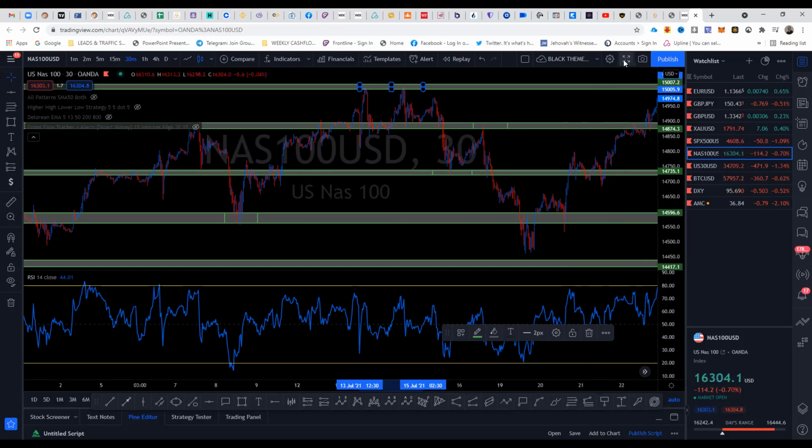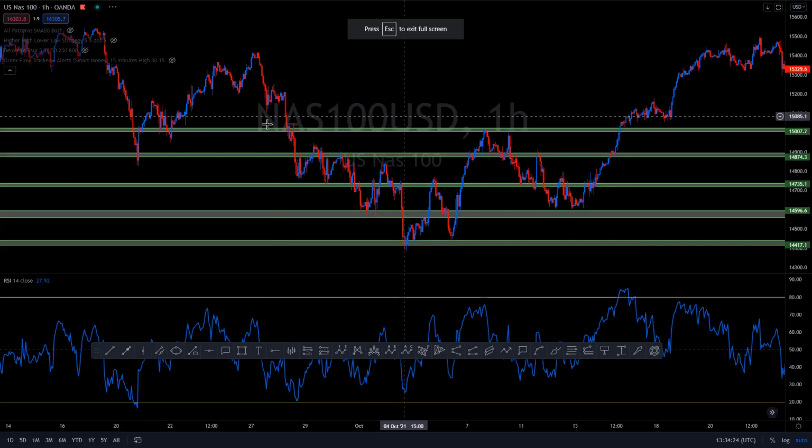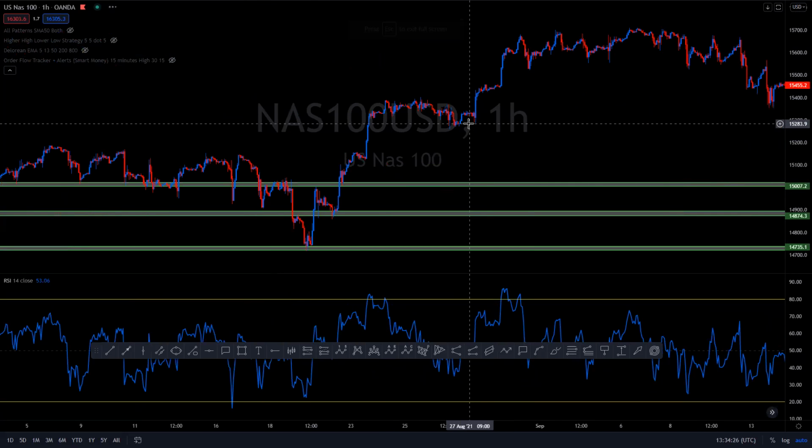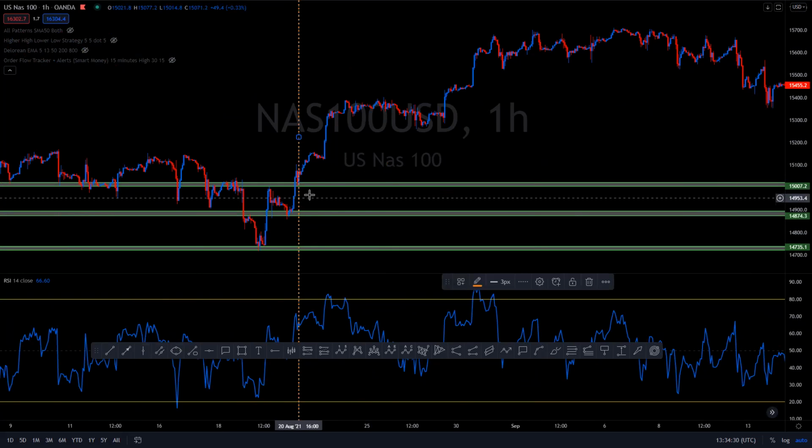So now we have marked up the 30-minute. Now let's go to the 1 hour. We've marked up all the way to this far. Vertical line.